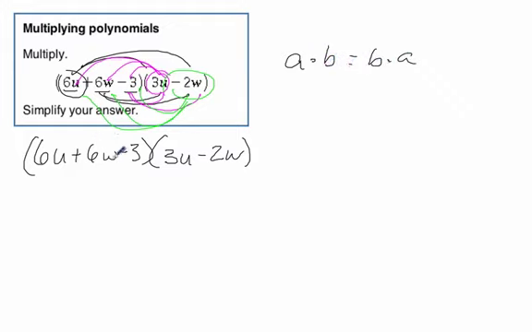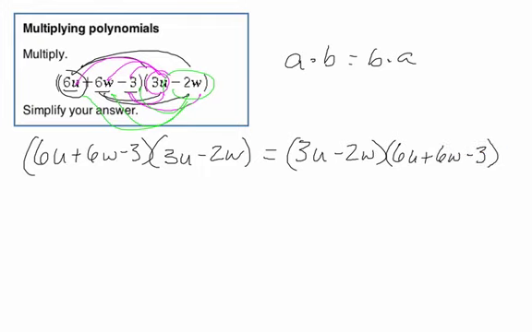So if this is the a and this is the b, we could switch it, and say that's the same thing as 3u minus 2w times the quantity 6u plus 6w minus 3.